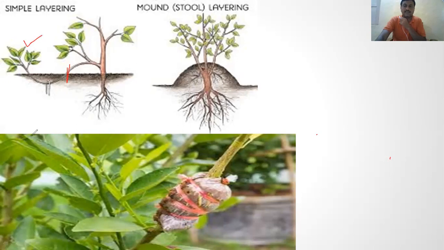These techniques are called soil layering. In this method, they cut the branch after formation of roots and produce new individuals or new offspring. It is soil layering.